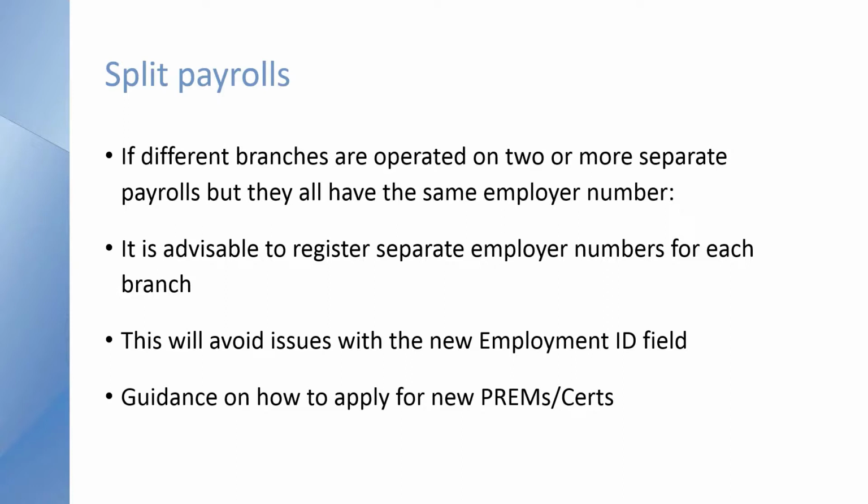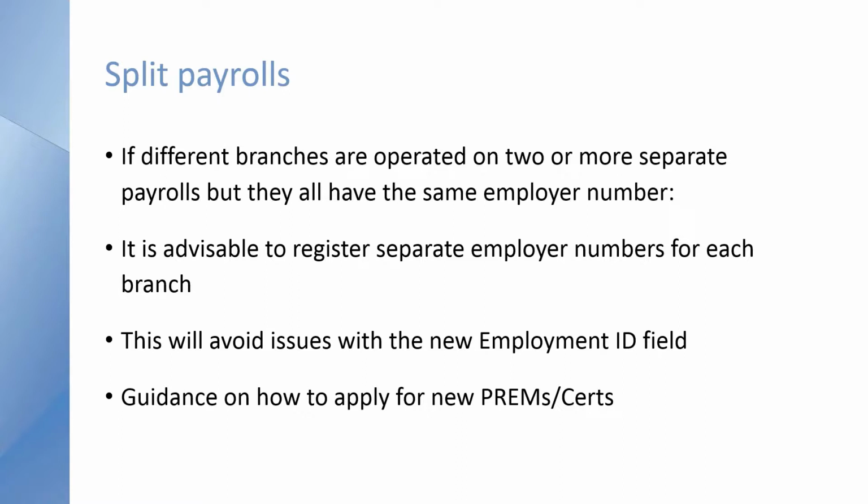Also, if different branches are operated on two or more separate payrolls, but they all have the same registered number, we would advise that these would also have separate registered numbers and therefore separate digital certs. That's because we do foresee issues with the new employment ID field and some confusion between the different branches with that ID.